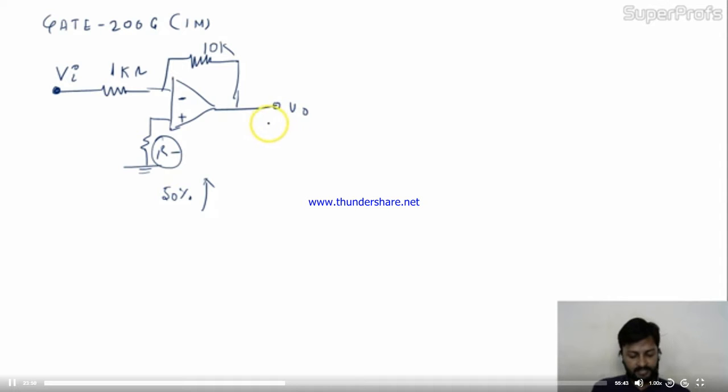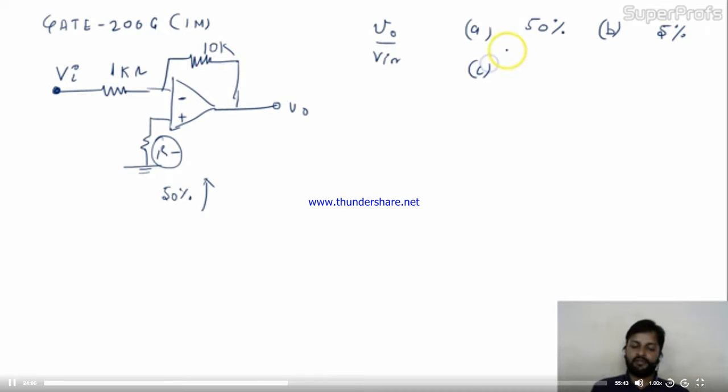They are asking the voltage gain V0 by Vin, changed by; options are given: A, 50%; B, 5%; C, minus 50%; and D, negligible.